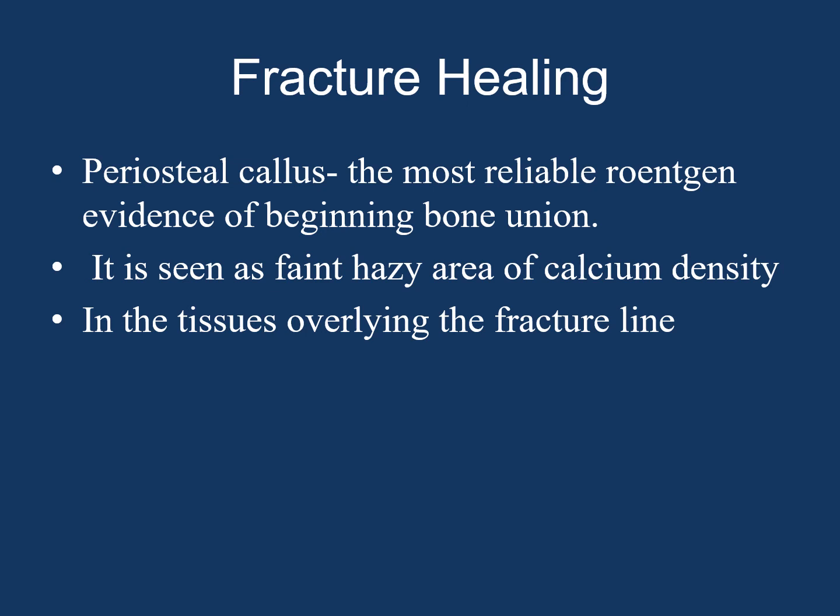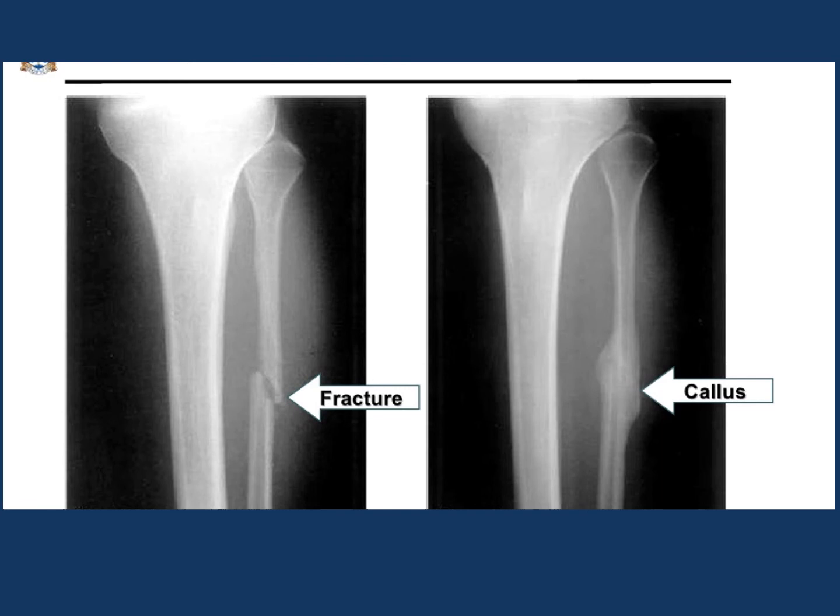It is seen as a faint, hazy area of calcium densities in the tissues overlying the fracture lines. Okay, here is an example of a fracture, a radiolucent focus, and here is an example of callus formation. So, callus is a dense focus on X-rays.